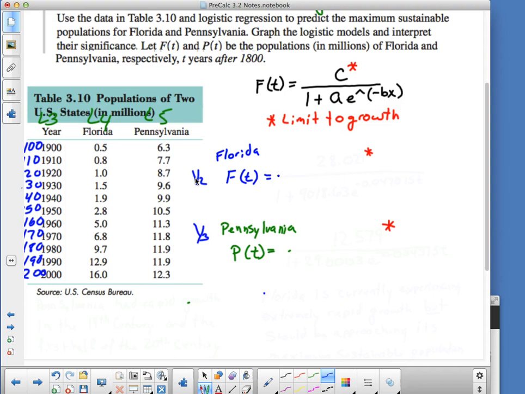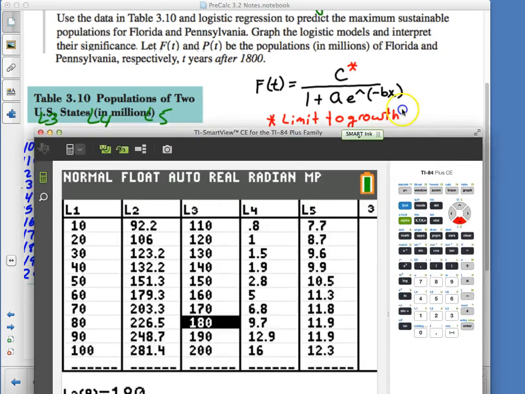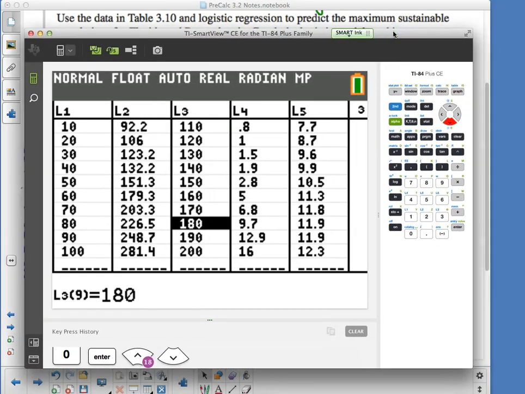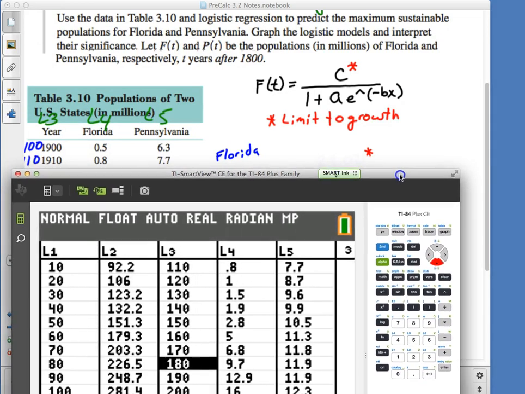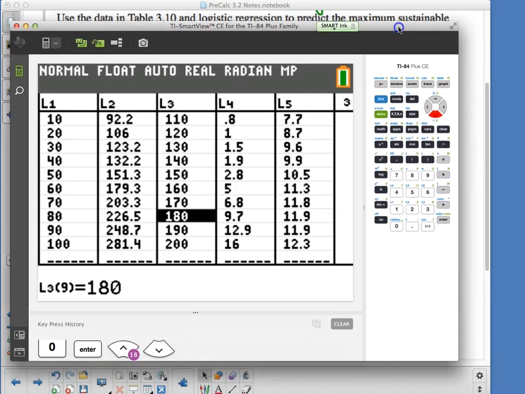So if I want to go back to it, I can if I want to, okay? So I'm asked to do it as a limit to growth model, okay? We got to find out what that looks like in our calculator. So again, L3 and L4, the years in Florida, L3, L5, Pennsylvania, okay?